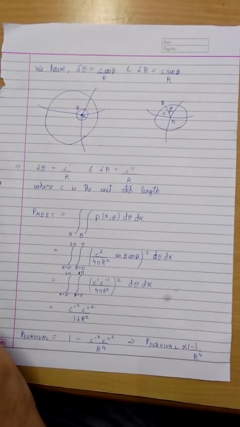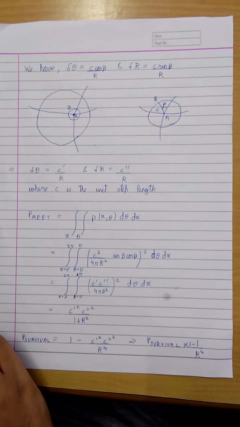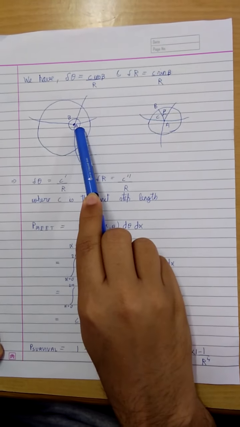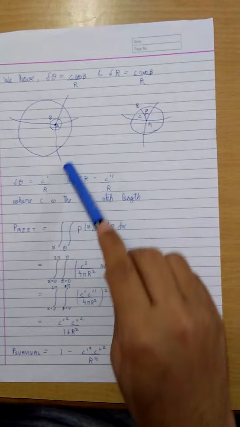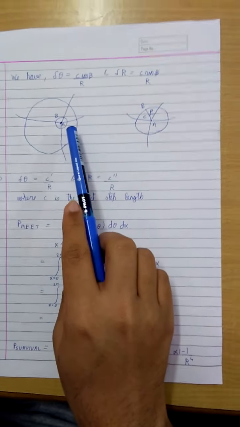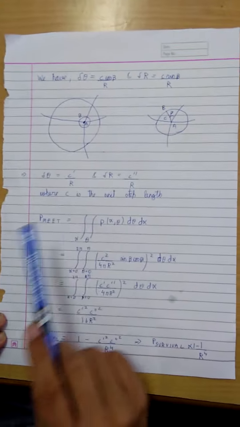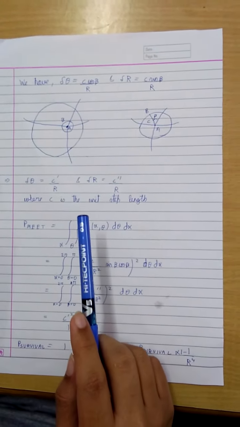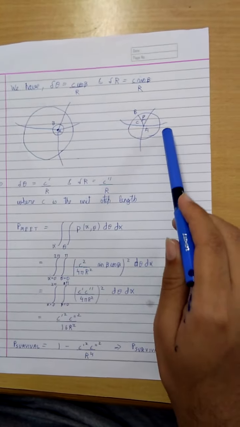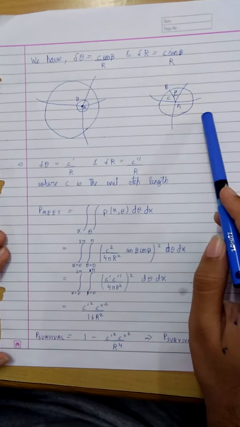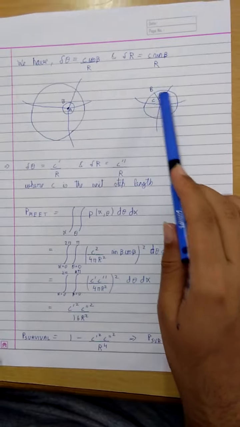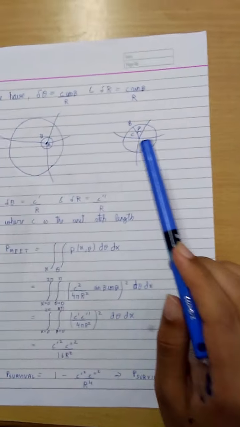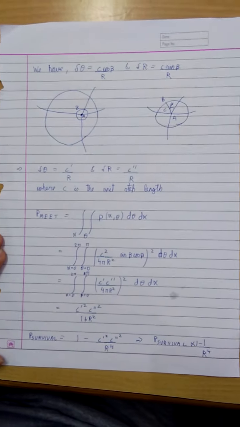Now we found the probability of the point to lie at theta, phi, as r will always be constant. Let the point initially lie at a point A, and this is the longitude and latitude passing through the point A. Let the point B lie on a small circle of radius r from A. Now we zoom in on that small circle and say that the angle between A and B is beta and the radius is equal to C. Here C is the unit step length that I was talking about earlier.